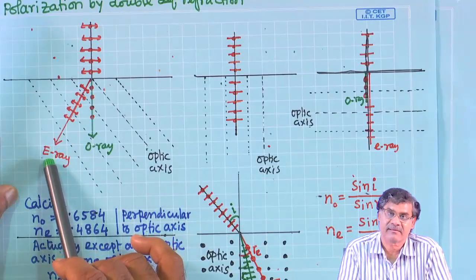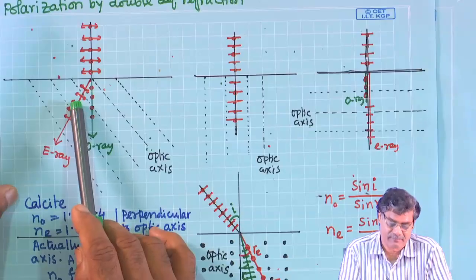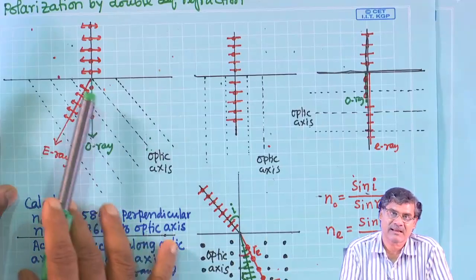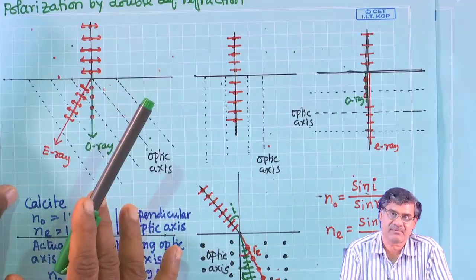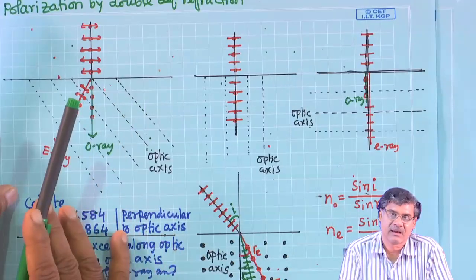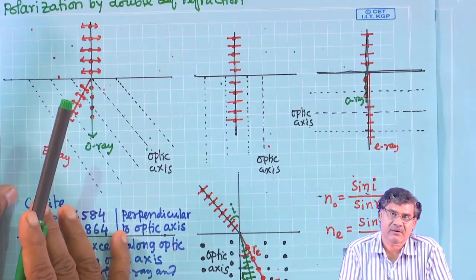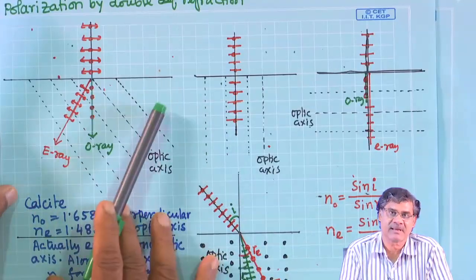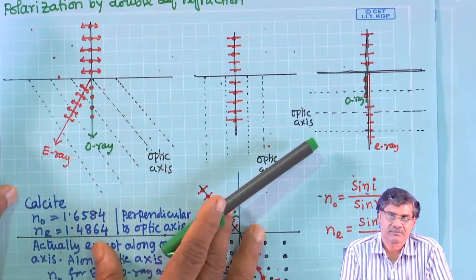for the E ray there is an angle of refraction. The definition we follow is for an ordinary isotropic medium. In this case the definition will be different.